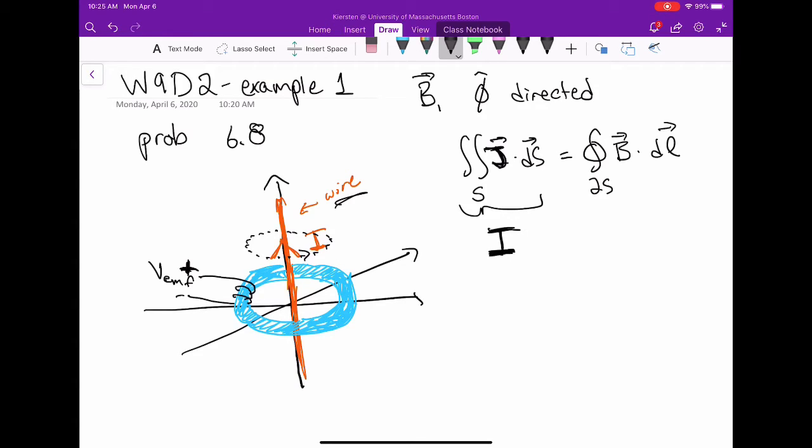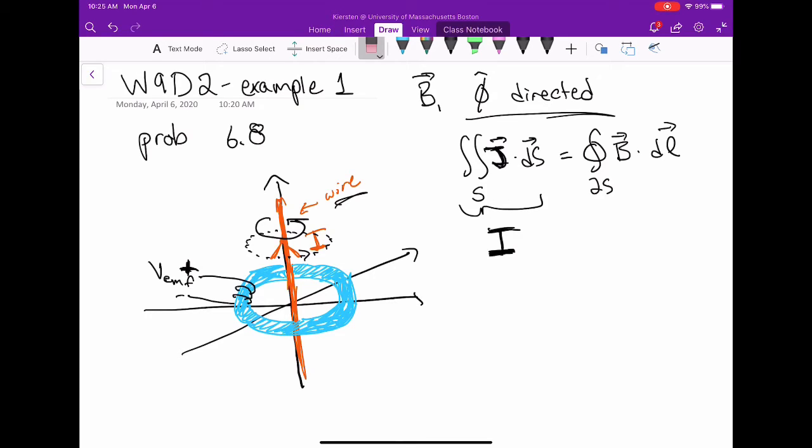And the magnetic field, if you use the grab the wire technique, is flowing around the wire right-hand rule-wise as usual. So it's going to be phi directed because of the symmetry of the problem. There's no angular dependence, there's no z dependence of the whole situation.